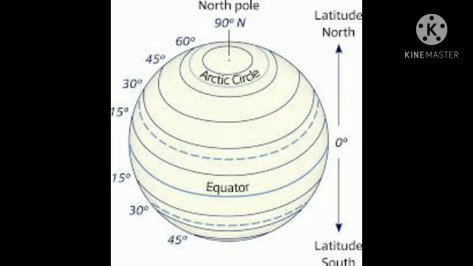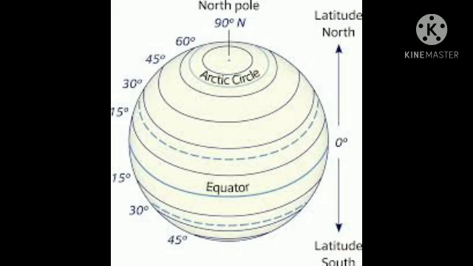The other lines or circles running parallel to the equator grow smaller and smaller as we move toward north or toward south. These are drawn at a gap of 1 degree each. So between these latitudes there is a gap of 1 degree.